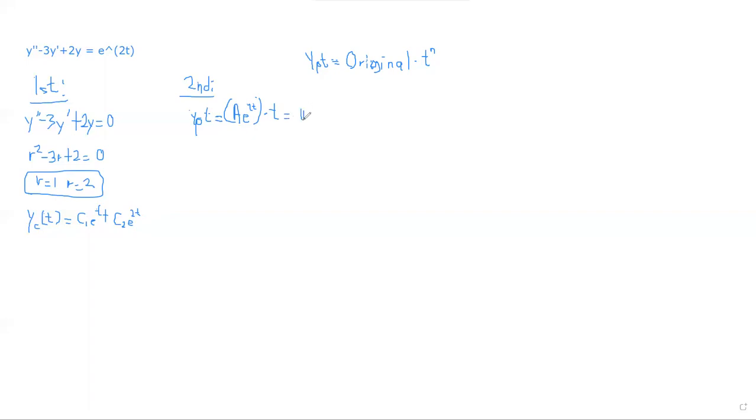So y_p(t) is a t e^(2t). And now we're going to differentiate like usual.